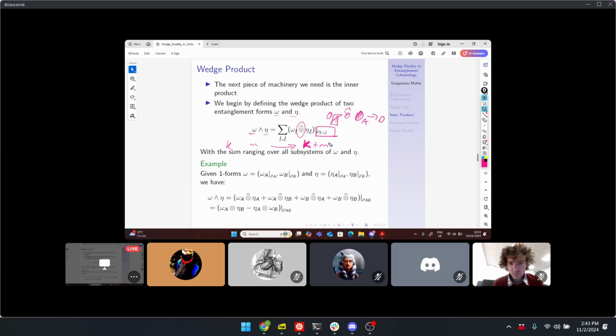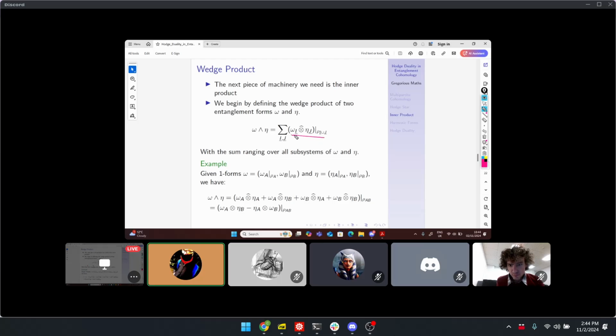An example of how this works is if we take two 1 forms on a bipartite space, then 1 plus 1 is 2, so we're going to get a 2 form. We just have to apply this sum.